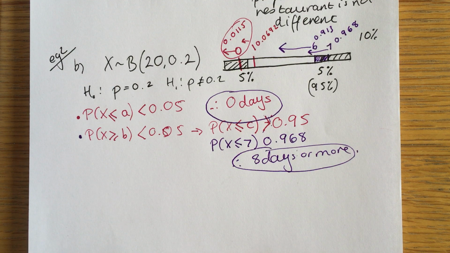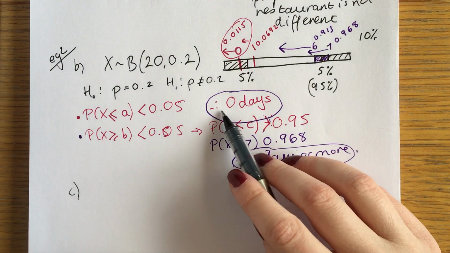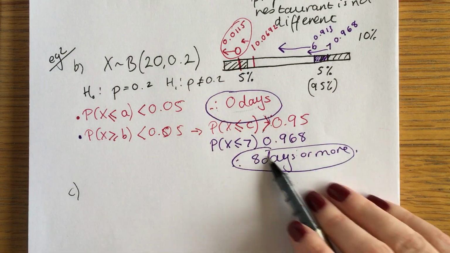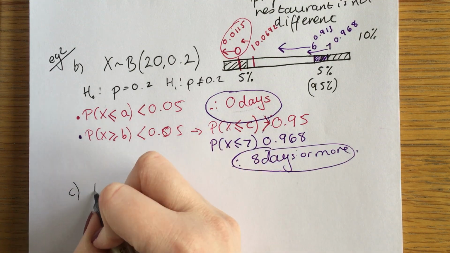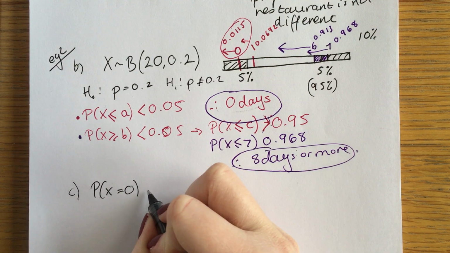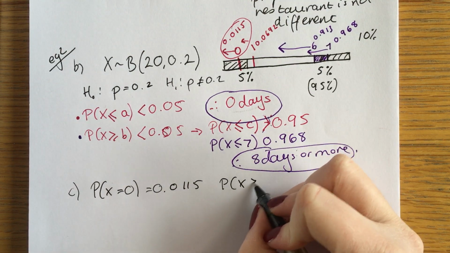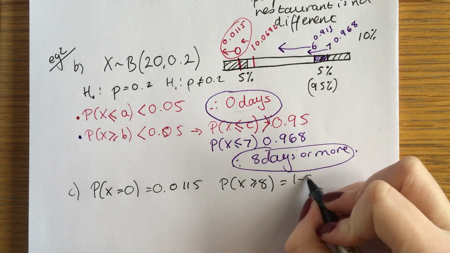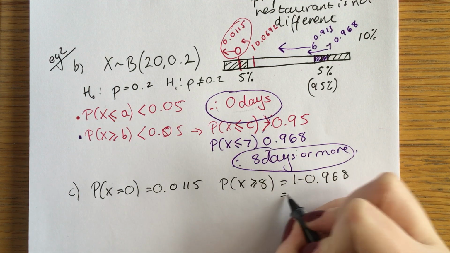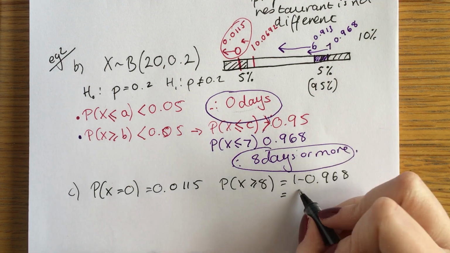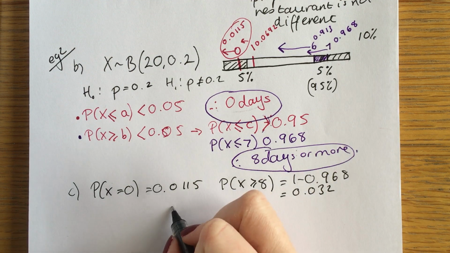So it says state the actual significance level of the test. Well, the actual significance level is our probability of 0 days plus our probability of 8 days or more. So the probability that x is 0 is 0.0115, and the probability that x is 8 or more is 1 minus the probability that it's 7 or less, which is 0.032.